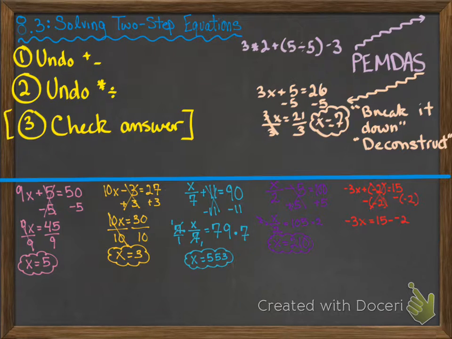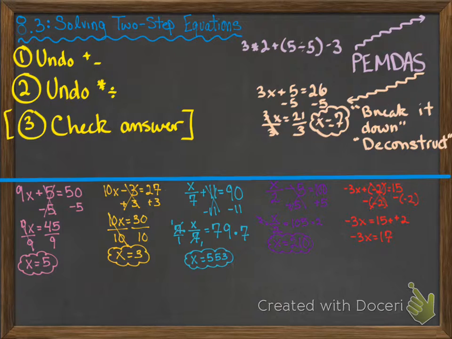Remember, in topic 4, we added and subtracted rational numbers. Minus a negative is the same thing as adding the positive. So it's kind of like those two negatives line up to make one big positive. So you have negative 3x equals 15 plus positive 2. Well, 15 plus positive 2 is 17. All right? So you have negative 3x equals 17.